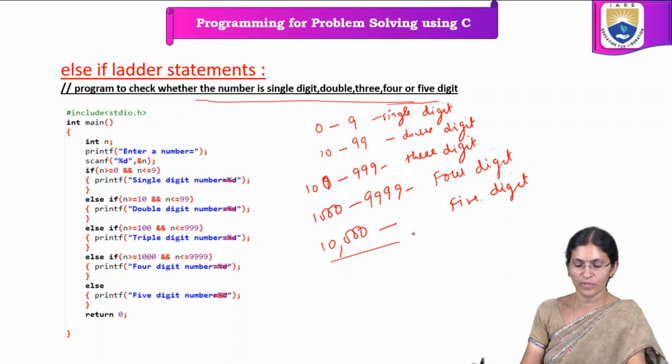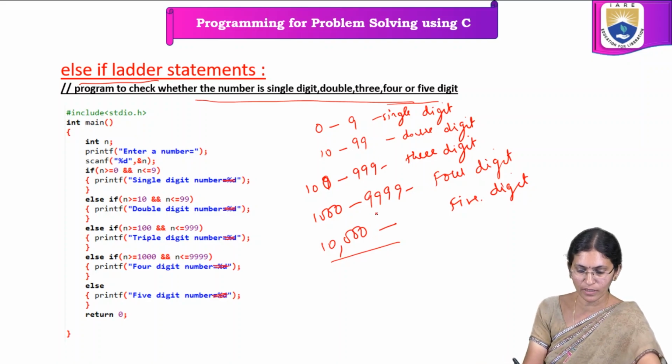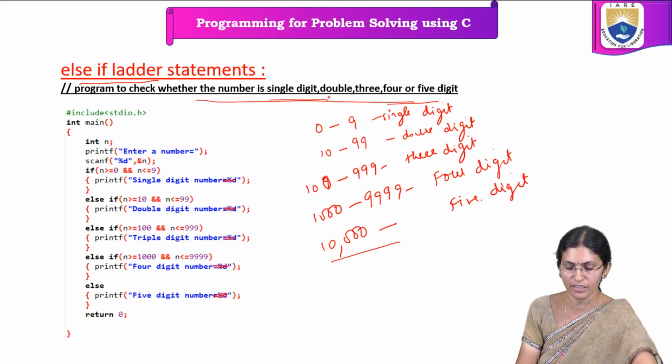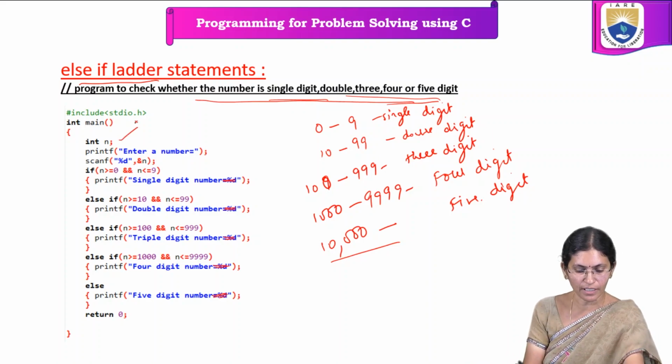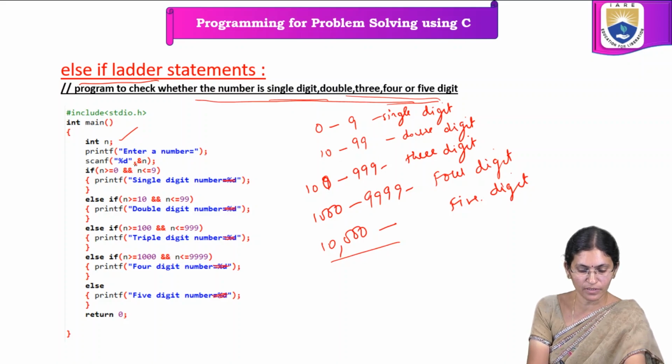Now let us see a simple program using else if ladder. We'll write a program to check whether the given number is a single digit, double digit, 3, 4 or 5 digit number. Here we need to declare a variable n of integer type, then read the value into the variable n. Now we are writing the condition.